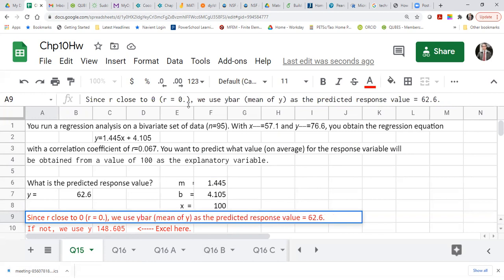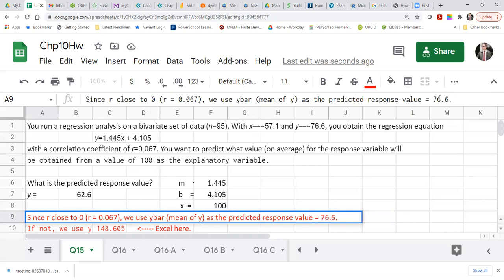That means there is almost no correlation. So the predicted value, you can use the y bar. So the predicted value will be 76.6.